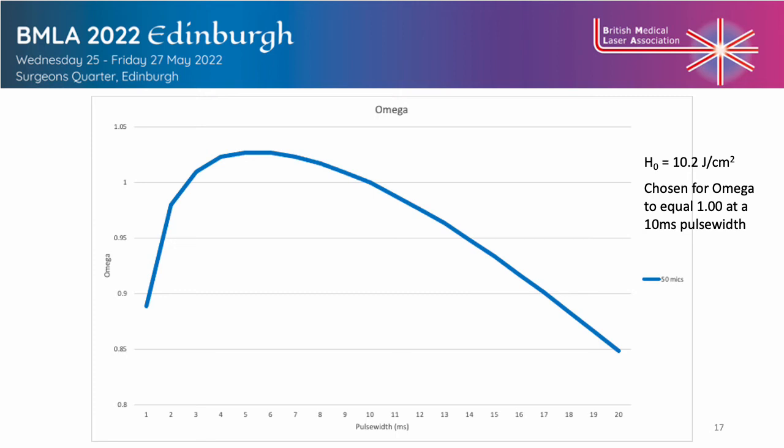Interestingly though, once you drop below 3 milliseconds, the total denaturation at the end of this process again drops below 1. So it's quite clear here that for this sized hair and for this fluence, the optimum pulse width is going to be between 3 and 10 milliseconds in this particular instance.